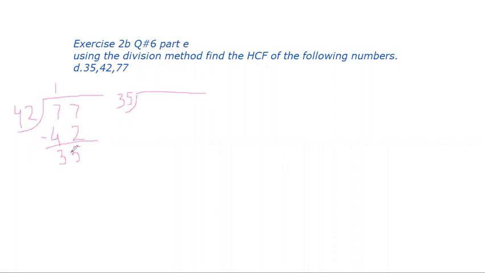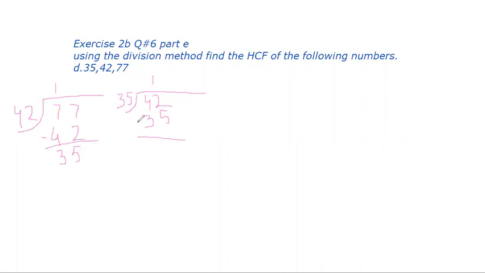Our remainder was 35, it will become the divisor, and our last divisor, that was 42, will become the dividend in this step. Now 35 1 times gives us 35. We will not take 35 2 times because it will become a bigger number, that is 70.